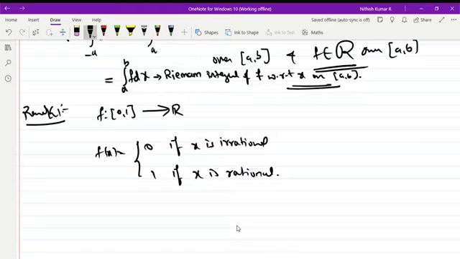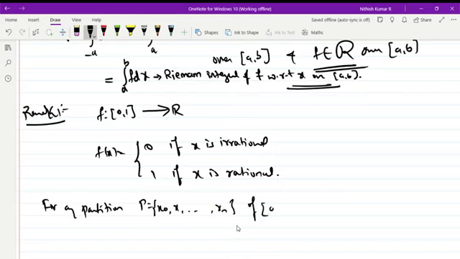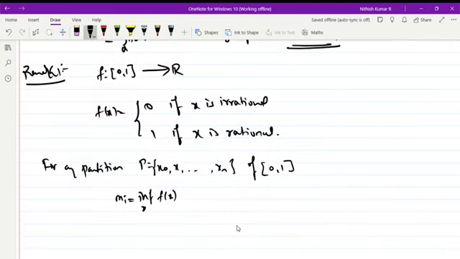So let's see how. For any partition P equal to x0, x1, and so on up to xn of the closed interval 0, 1, if you take mi, the infimum of f of x for x between x(i-1) and xi, this is always equal to 0, because the function value is 1 if x is rational and 0 if x is irrational.